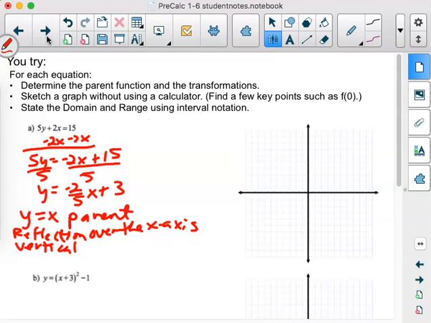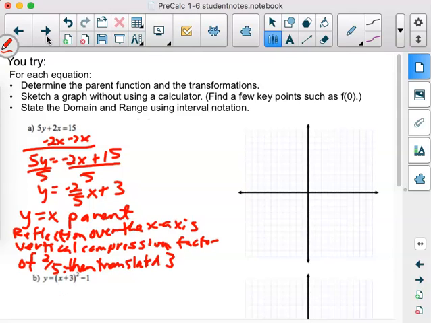Vertical compression factor of 2/5. And finally, I have the +3 in the back, so then I'm going to put then translated 3 units up. And there we have it. That's the determine the parent function and the transformations.